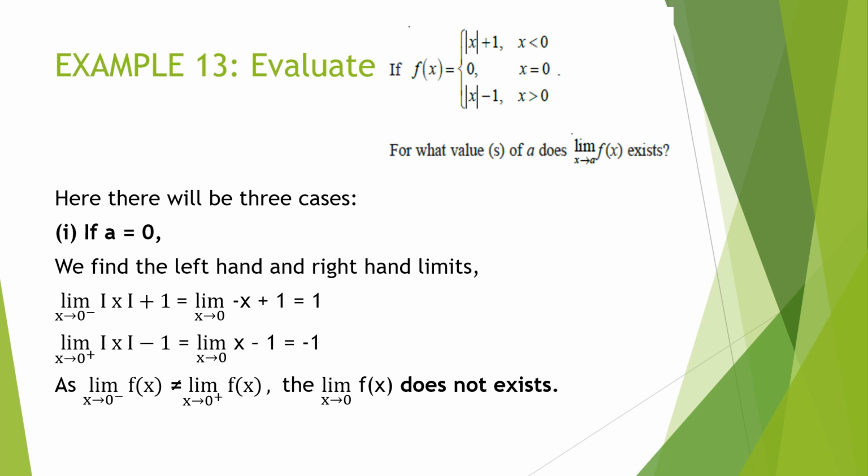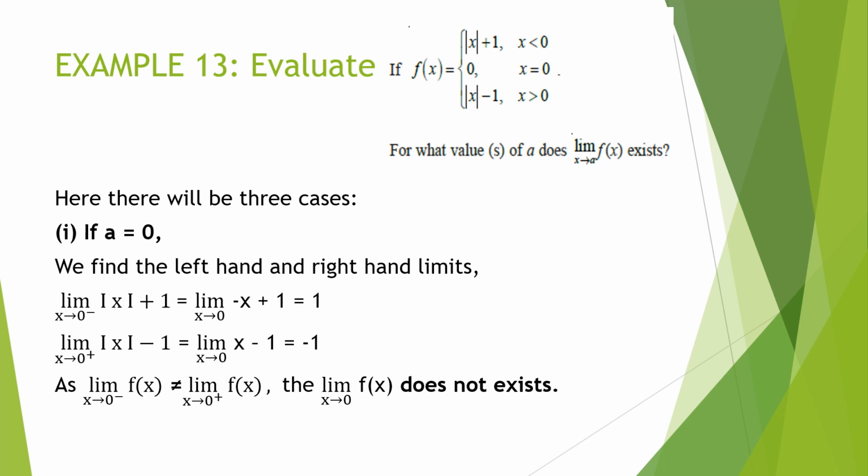How is the function defined when x is less than 0? |x| + 1. So this is equal to the limit as x tends to 0 of |x| + 1. But when x is less than 0, how is |x| defined? We have just seen in a previous example, |x| is -x. So this is the limit as x tends to 0 of -x + 1. Put x as 0, you will get 1.